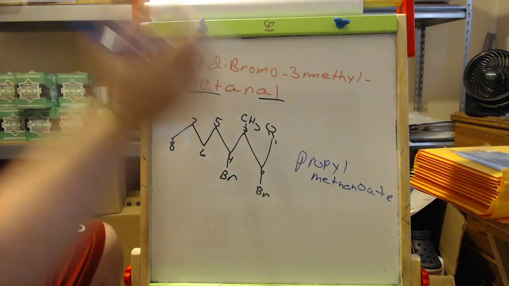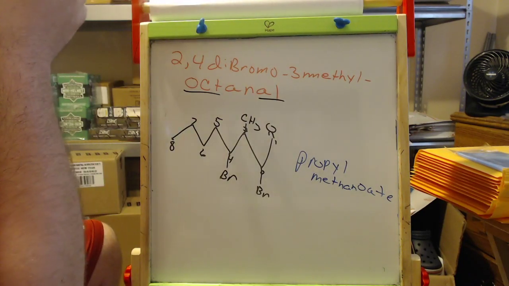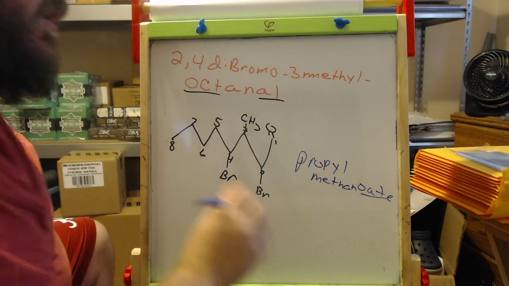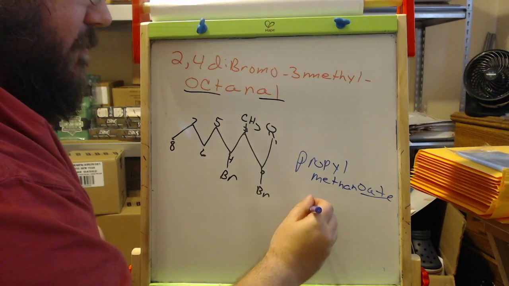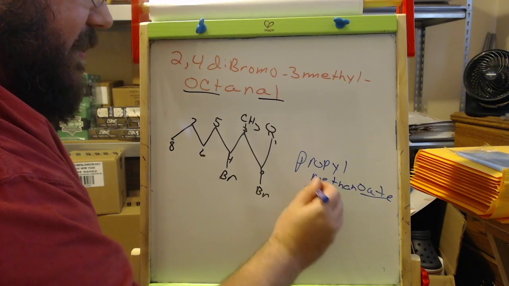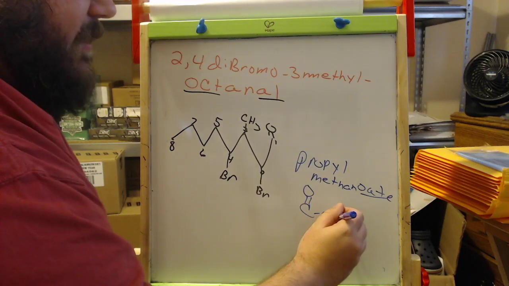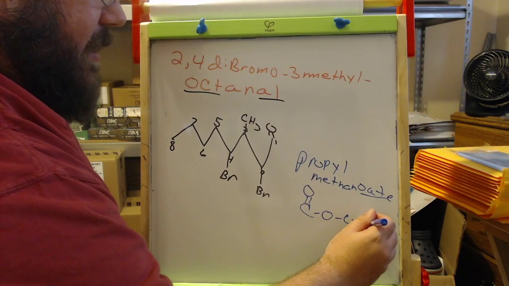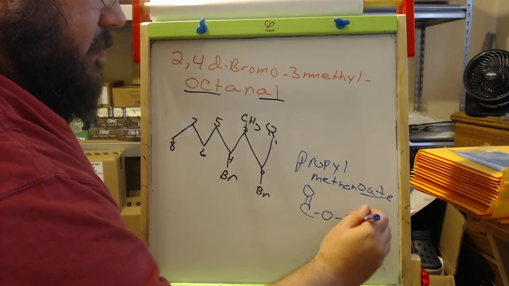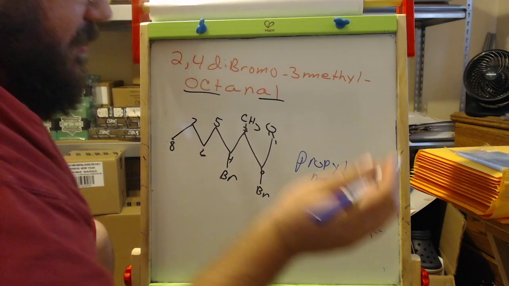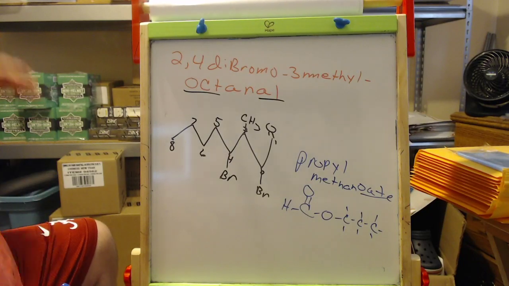So propyl methanoate. Okay, -oate tells me I am an ester. So I know I'm going to have this in here: C double bonded O, O. Propyl is telling me I have a 3-carbon chain on the other side. Meth means I only have a 1-carbon chain, so there it is. Propyl methanoate.